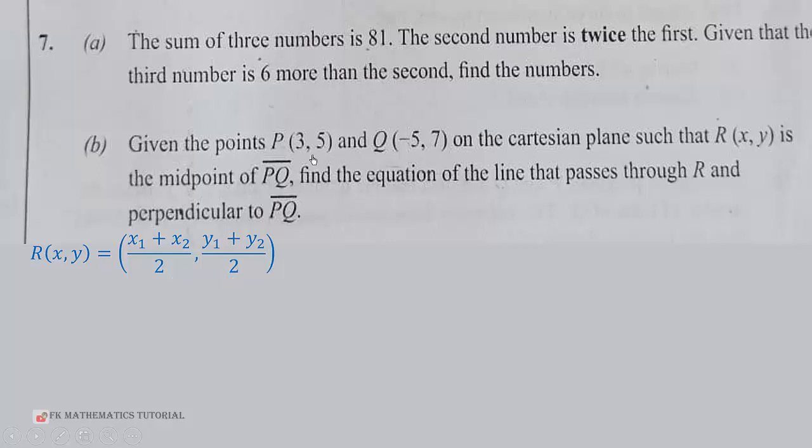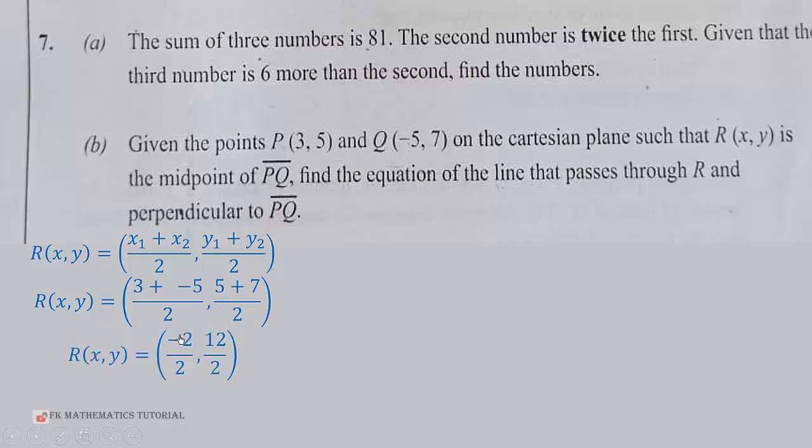So when we do that, this is x1 and this is x2, so we add: 3 plus negative 5, and this is y1 and this is y2, we add: 5 plus 7, so we get negative 2 over 2 and 12 over 2. That will give you negative 1 and 6. So negative 2 over 2 is negative 1, 12 over 2 is 6. Now we've gotten the coordinates of R, which is (-1, 6).